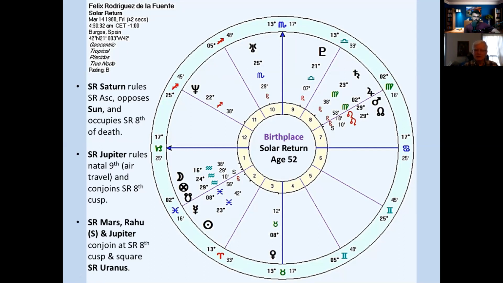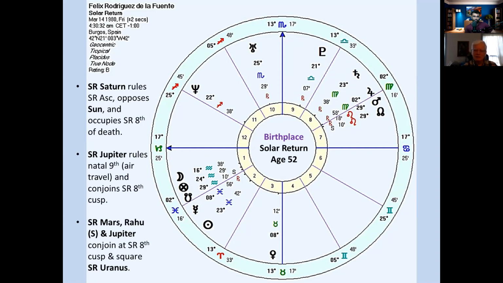So interestingly, his Lord of the Orb is Saturn, and this again is tropical. Saturn is in the 8th house, and it rules the ascendant. Yeah, for sure. And I think Capricorn happens to be the 7th house in the natal chart, he has Cancer rising. Right. 7th house. Again, 7th house matters.